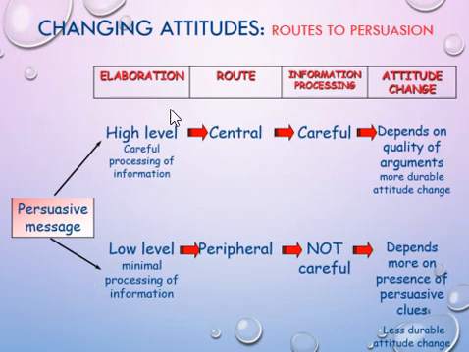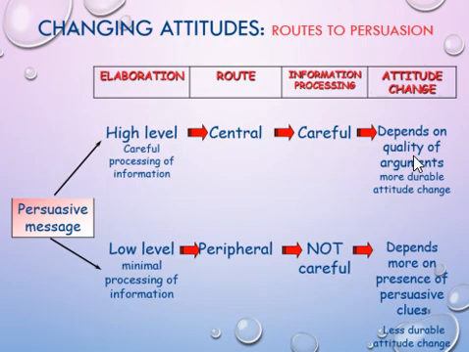Why do we call it the elaboration likelihood model? Their elaboration could be at a high level or a lower level: careful processing of the information or no processing of the information. And the route can be central or peripheral. Here the information processing is very careful, and here it's not careful, so you buy because you want to buy, not because you like the quality of the product.